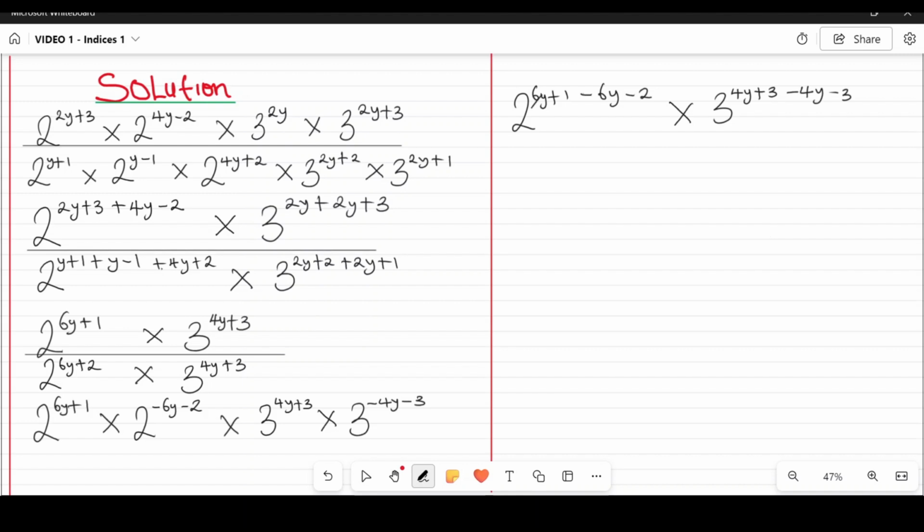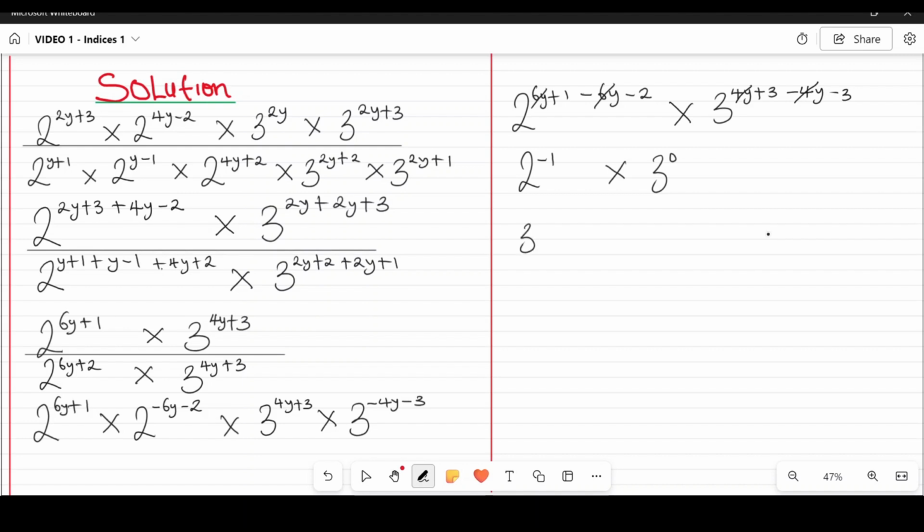Now 6y and minus 6y cancel out, plus 1 minus 2 is negative 1. So we have 2 raised to the power of negative 1 times, 4y and negative 4y cancel out, plus 3 minus 3 is equal to 0. We have 3 raised to the power 0.